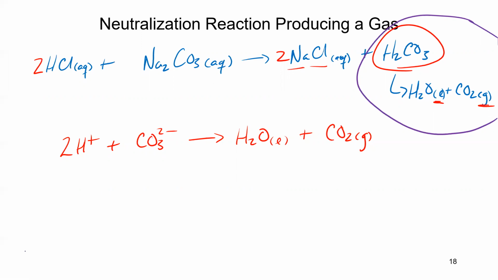Okay. So for now, our sort of introduction to gases, to acids and bases, that's where we'll stop. And so the third type of solution reaction is an oxidation reduction or redox.